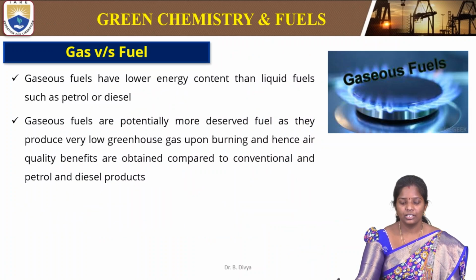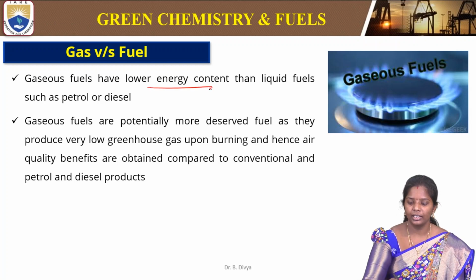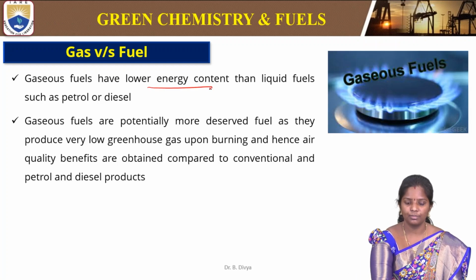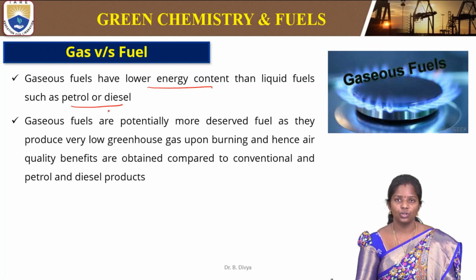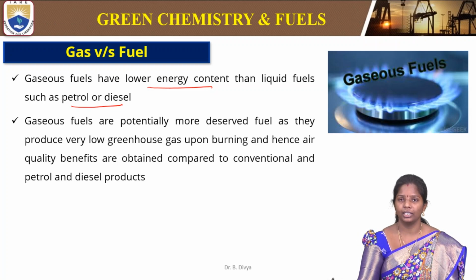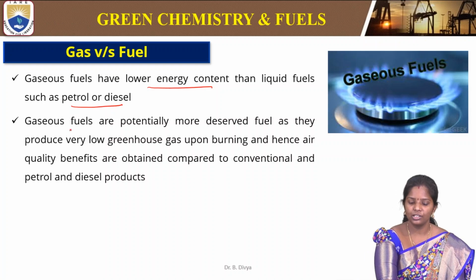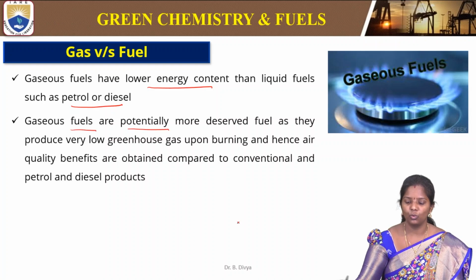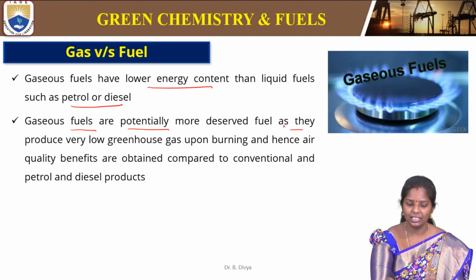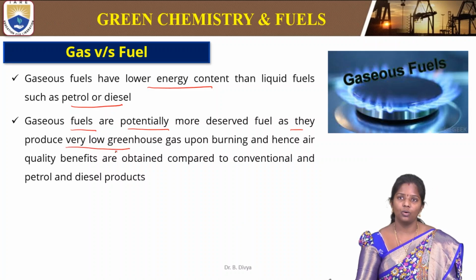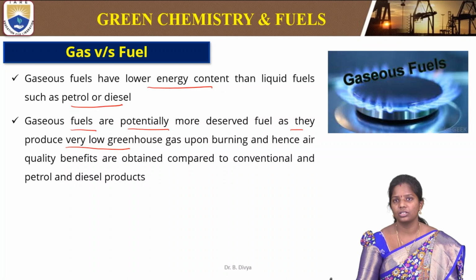Gaseous fuels have lower energy content than liquid fuels such as petrol or diesel. It means the energy produced will be lower. Gaseous fuels are potentially more desirable fuels as they produce low greenhouse gases. Since the energy produced is low, the greenhouse gases produced are also low.